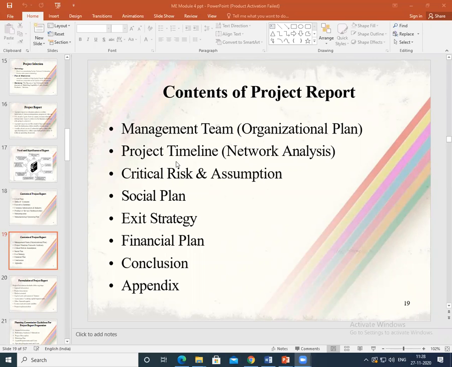Here the project timeline depends upon the time duration. If it is a 6 months project, the status of the project to be achieved every month has to be shown in the report, based on the monthly basis. That is called network analysis.